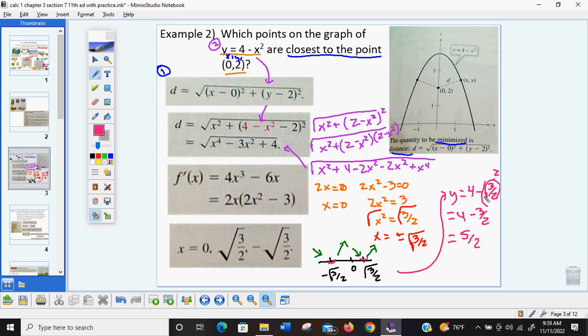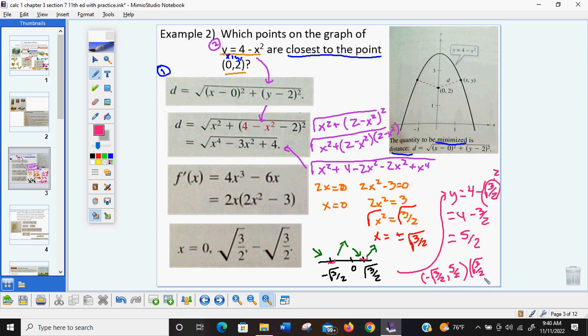Now, if I put a negative square root of 3 over 2 in here, because negative times negative is positive, we get the exact same thing. So my 2 points where it is the closest would be negative square root of 3 over 2, comma 5 halves, and positive square root of 3 over 2, and a positive 5 halves.